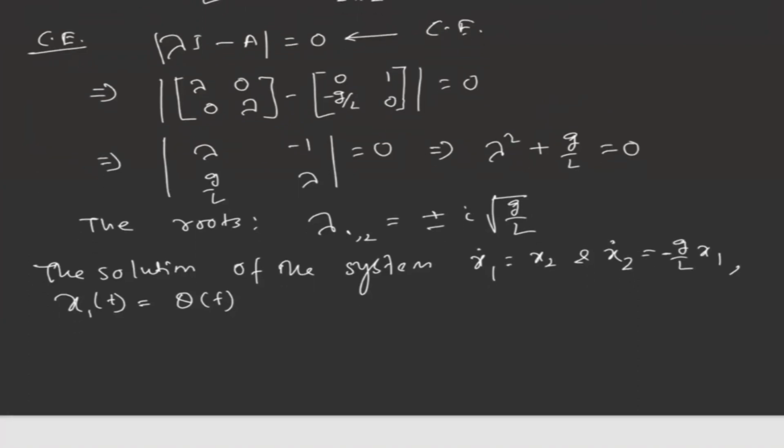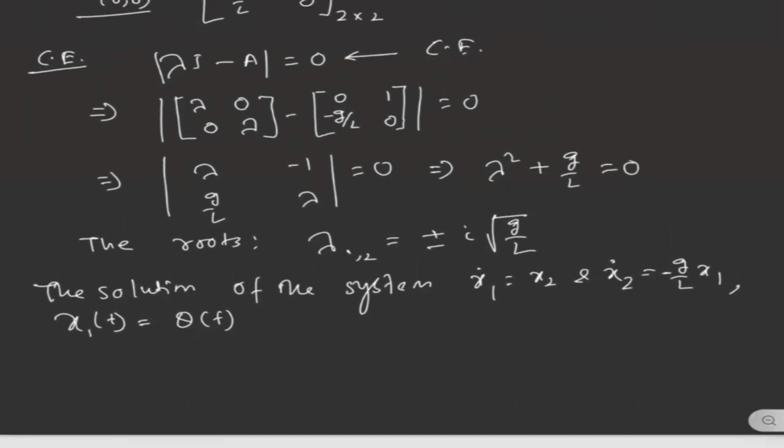So for the solution of this system, we can write x1 of t. You can also find the solution for x2, but here x1 of t is the only variable we're going to measure as the pendulum rotates around the reference point.